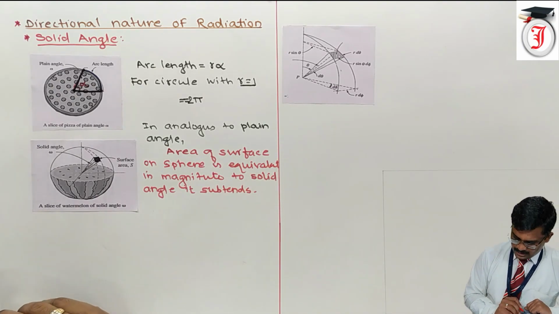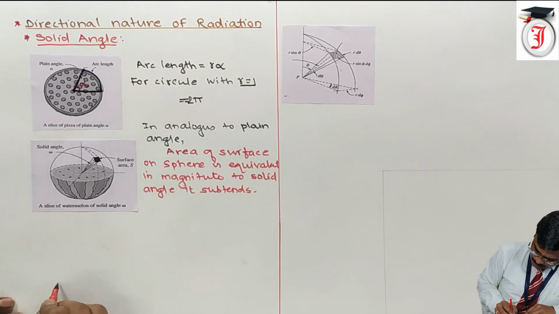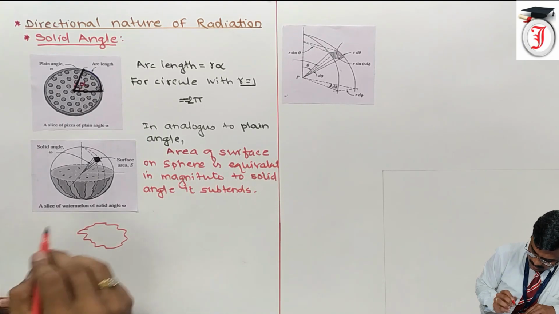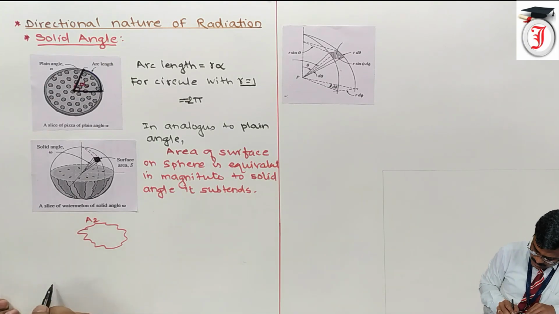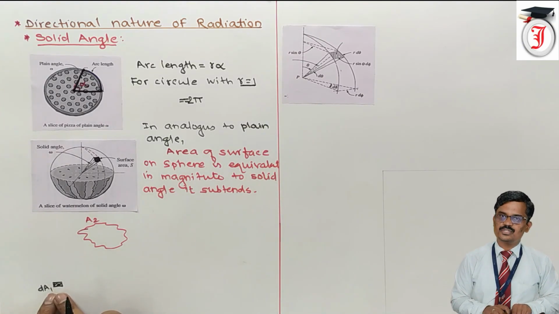To understand the solid angle, let us consider an arbitrary surface. Let us consider this is an arbitrary surface A2, and there is a small elementary surface, dA1.